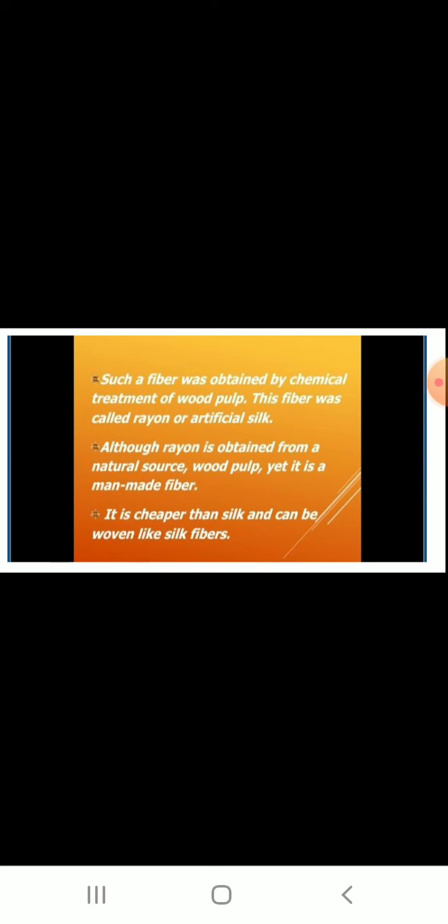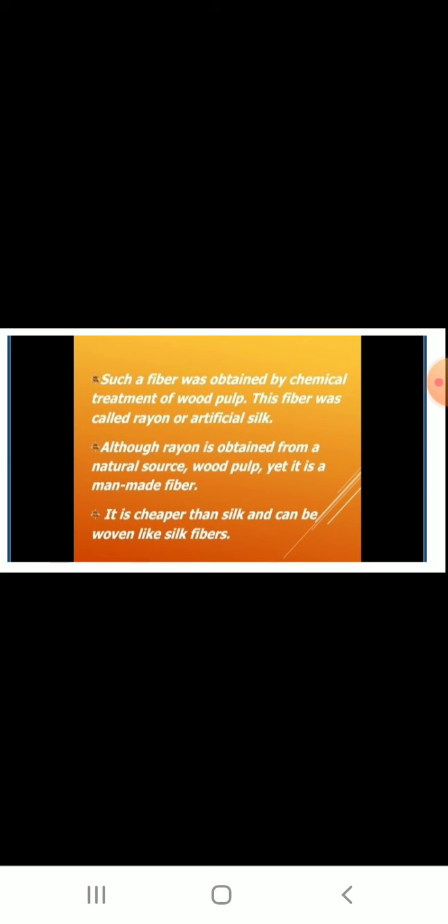Such fiber was obtained by the chemical treatment of wood pulp. This fiber was called rayon or artificial silk. Natural silk is silk only, which we get from the cocoon. The artificial one is prepared in the laboratory by chemical treatment of wood pulp.